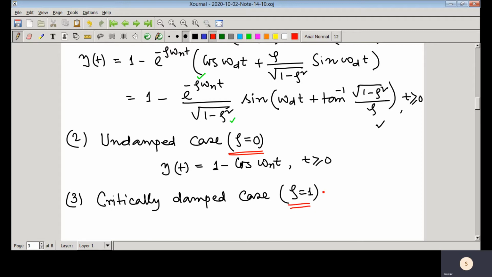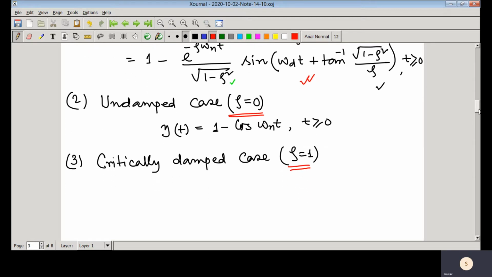Then what happens? In this particular expression, if you apply the limit, what will you get? I am just writing it here. I would suggest all of you to derive it on your own.